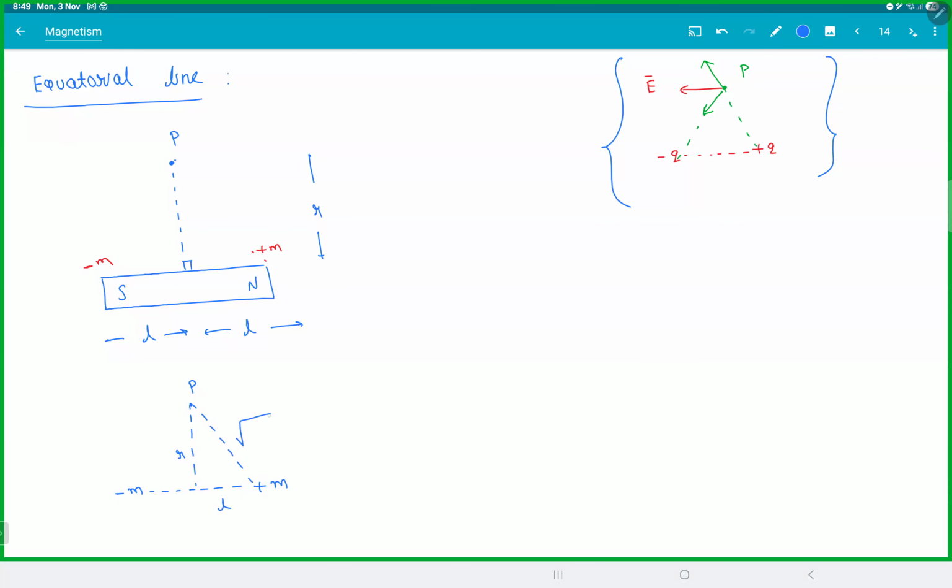This is L. So this is root over r square plus L square. Take this angle to be theta. This is B. This guy also will be B. This will be theta. This also will be theta. Symmetry basically. This is your net horizontal, B cos theta.